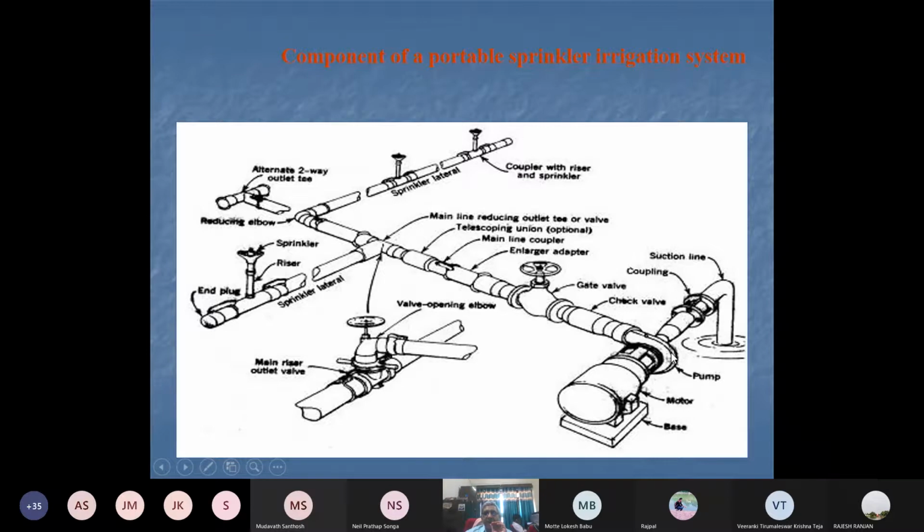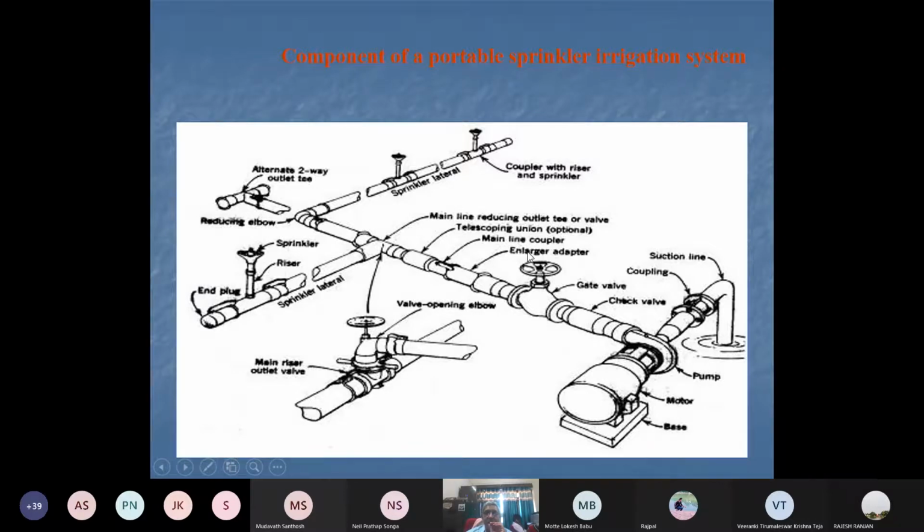The electric motor gives drive to the pump and then there is a set of valves. One valve is a check valve, another is a gate valve. The check valve is meant to allow water to flow in this direction, and it will not allow the water to come to the back side.